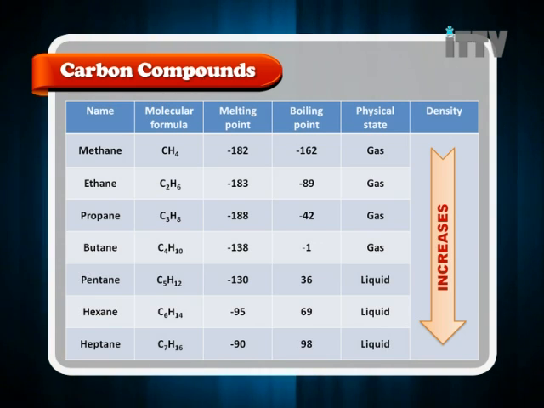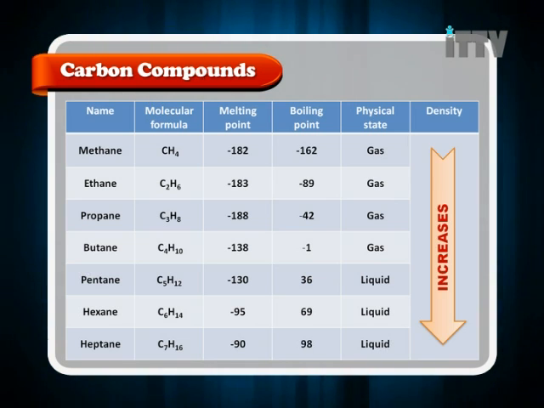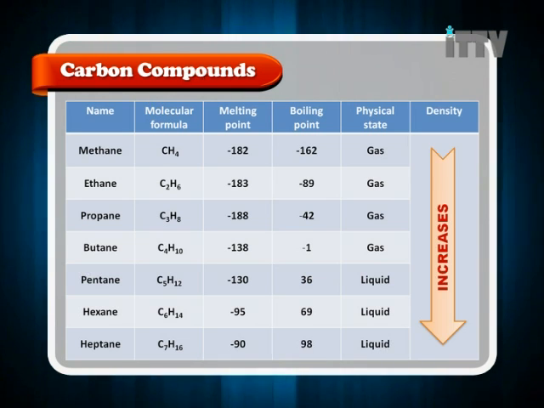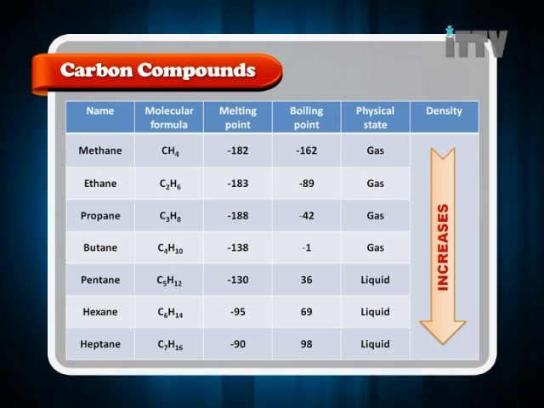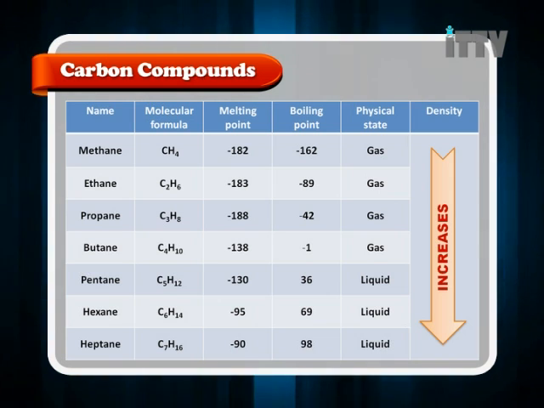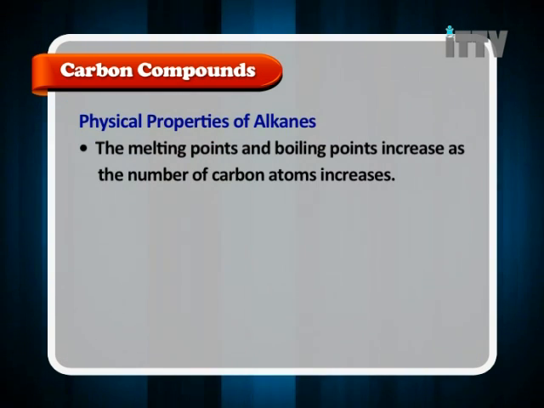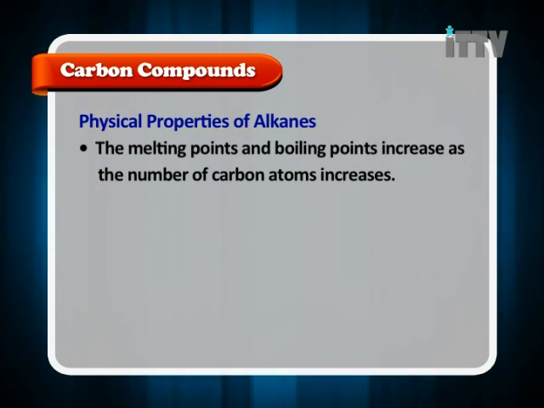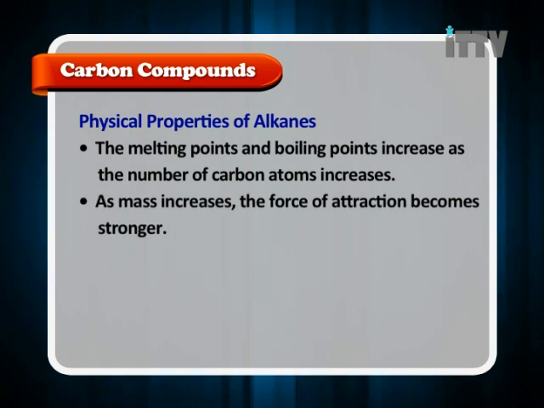So why is there this general trend that the boiling point increases as we go down the group? Well, the reason is to do with how the number of carbon atoms in the molecule affects the boiling point or the melting point. The melting points and boiling points increase as the number of carbon atoms increase.